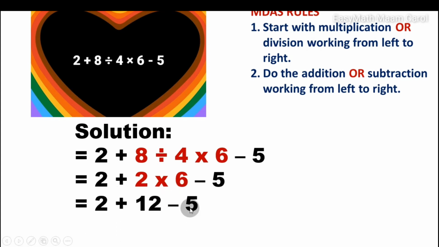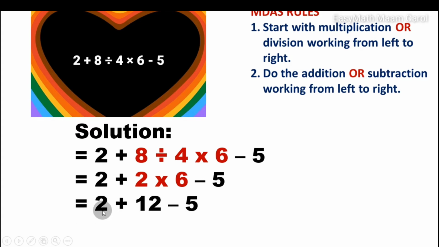So, after we have answered the division, we will now proceed with the answer with multiplication, yung 2 times 6. So, on the next line, we have already answered this. 2 times 6 is 12. That's why we copied 2 and then plus the answer of 12 and then copied minus 5. So in this line, you notice again na we have already finished with the multiplication and division. So we will now proceed with addition or subtraction working from left to right.